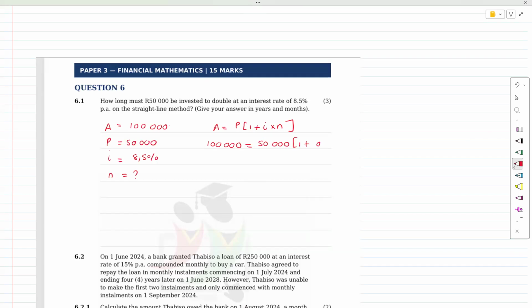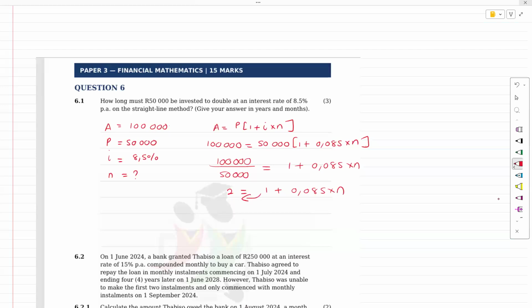1 plus I should be 0,085 times N. And then we solve it. 100 over there would be 2. Guys, from here, the algebra: 100,000 over 50,000 equals 1 plus 0,085 times N. Let's solve this quickly. That's 2 equals 1 plus there.